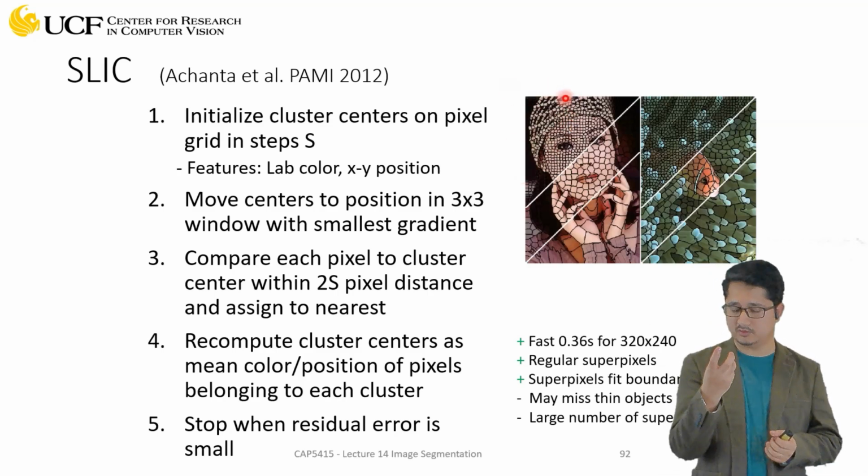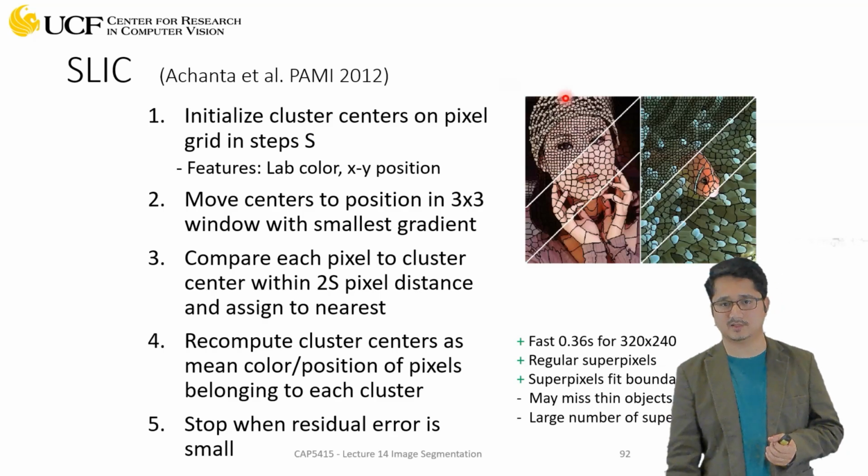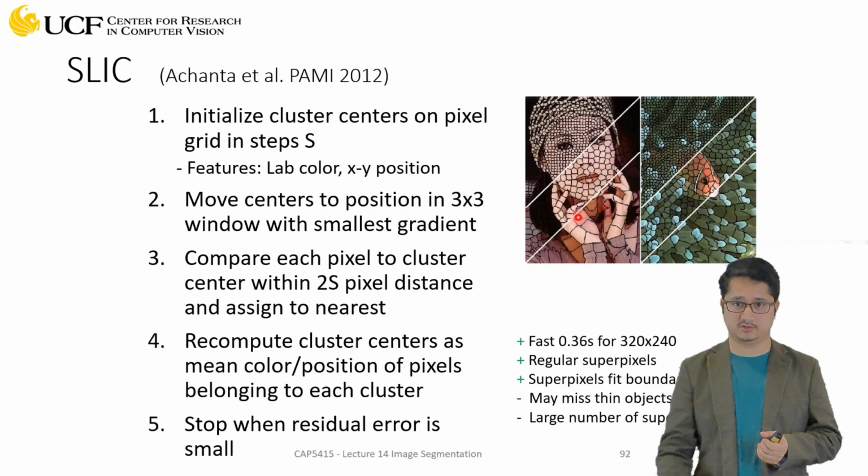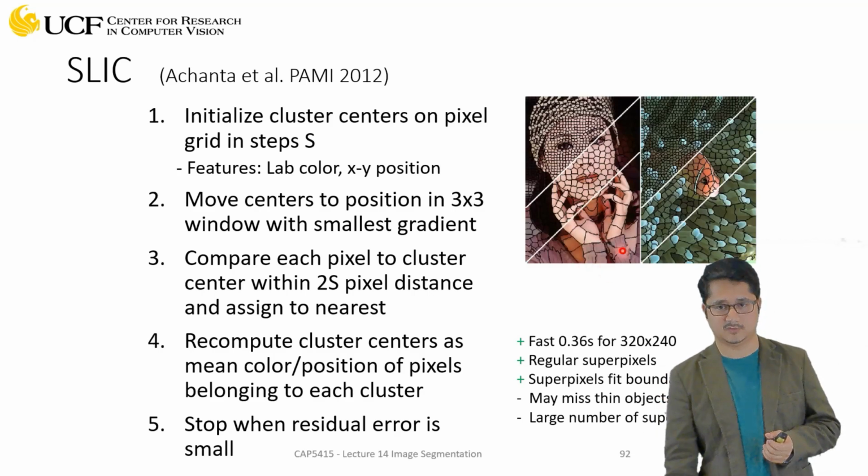And as you keep reducing the number of cluster centers, you can see that your segments are getting bigger and fewer in number. And as you go down, this is even coarser, so your segments are much bigger. And you can see how clean these results are.